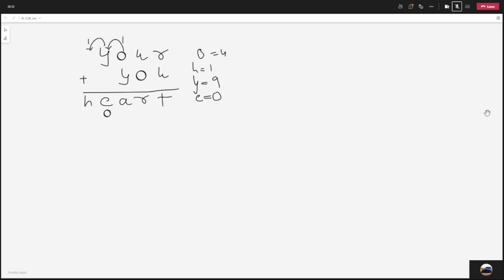I substitute these values into the equation back. So I get 9 4 u r plus 9 4 u equals 1 0 a r t.